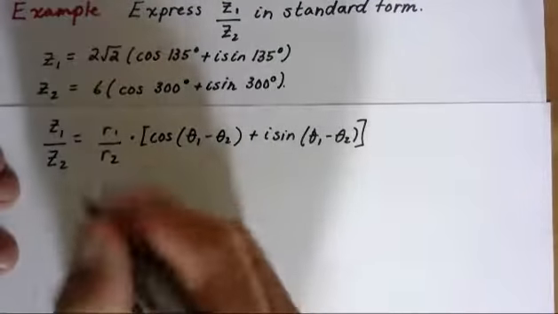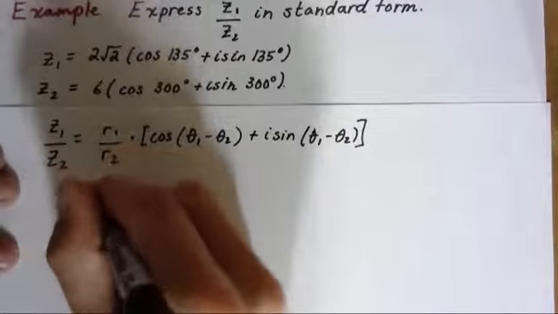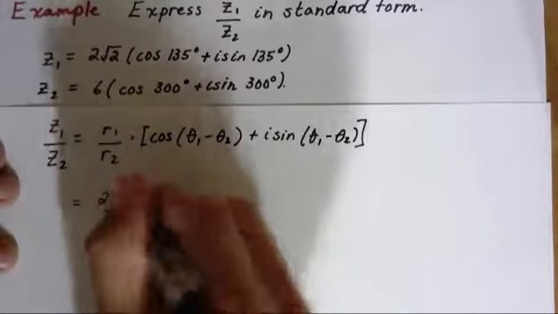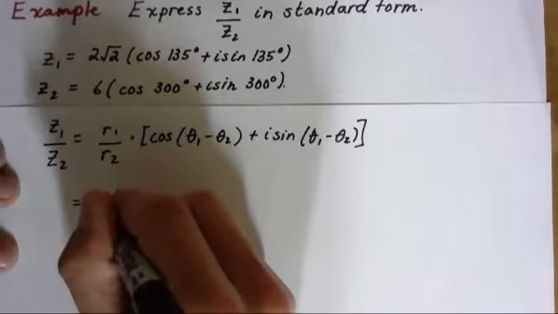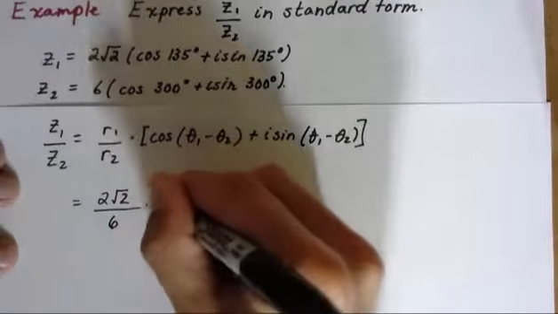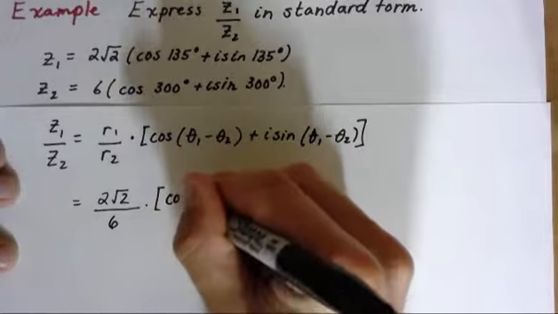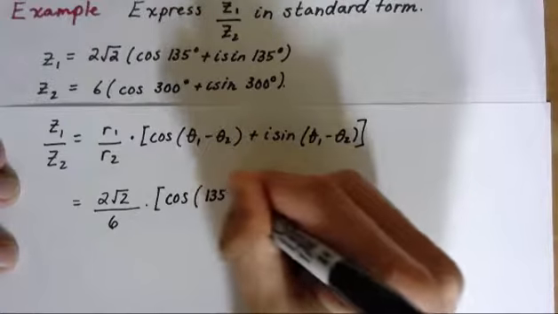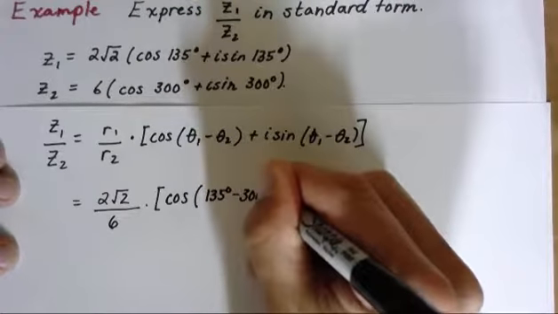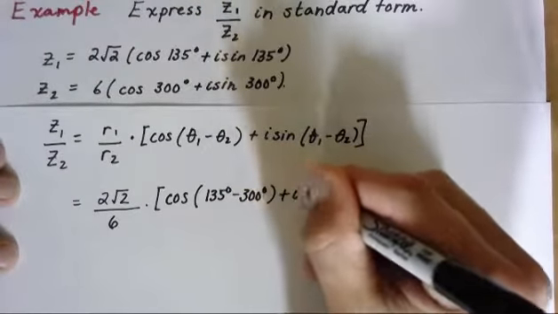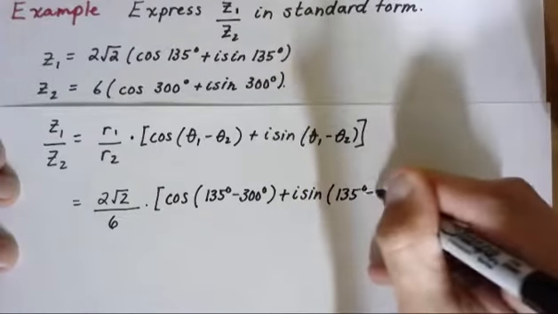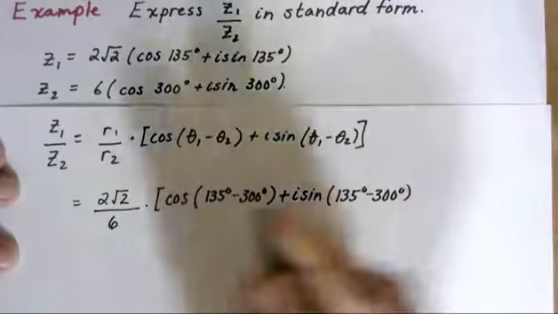So let's use that definition. r1 is 2 root 2. I'm going to divide that by r2, which is 6. And I'm going to put cosine of 135 degrees minus 300 degrees plus i sine of 135 minus 300, and notice we have carbon copies with the angles here.